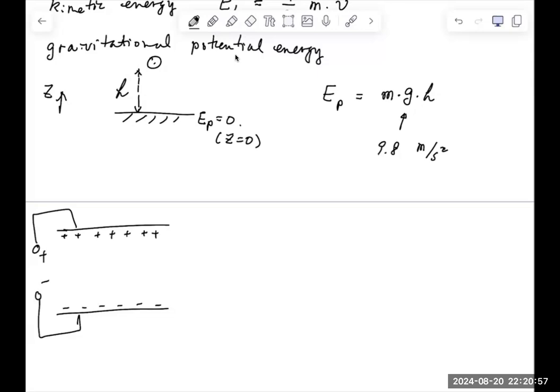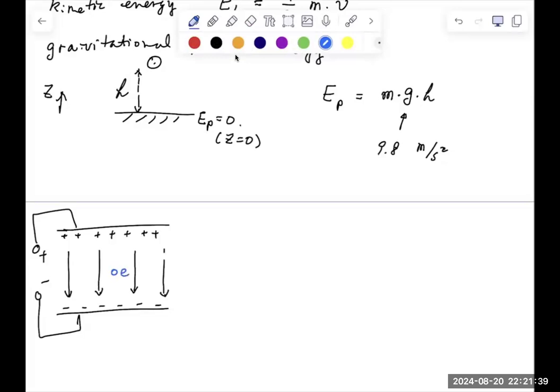And within this gap between the two parallel plates, it will form a uniform electrical field because it's parallel. And if you have a single particle, or a particle with a charge on it, let's say a single charge, which is the electron, and we know the electron is negatively charged.